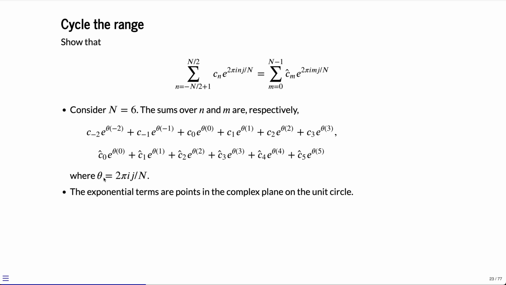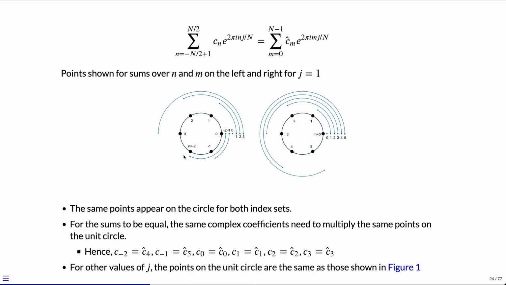And here I'm writing theta is 2 pi i j over n, and then that multiplies the little n. So here it's theta times minus 2, theta minus 1, theta 0, etc. And these exponential terms are all points in the complex plane on the unit circle. If we look at the points for the sum over n and the points for the sum over m, you can see that they're the same points. We've just labeled them a little bit differently.